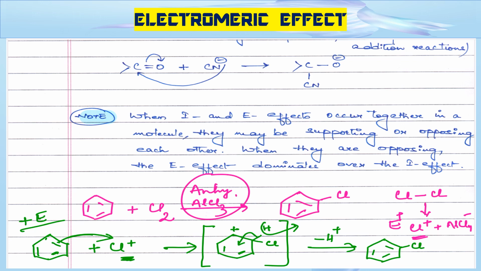This is called chlorination of benzene in the presence of anhydrous AlCl3, and it starts with the electromeric effect. If you can see, this is the plus E effect taking place in the very first step of this reaction. This is how electromeric effects are observed in many organic chemistry reactions.